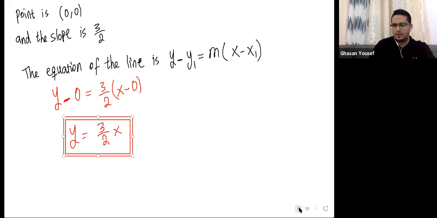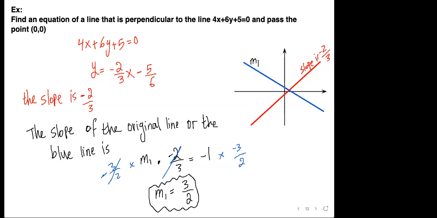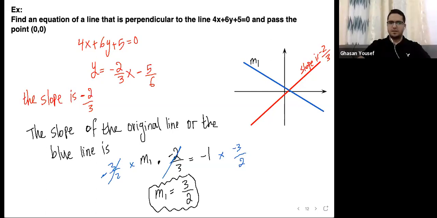Can you go back to the previous? Yes, here you go. Any question for this example?